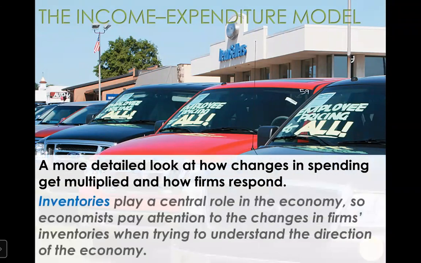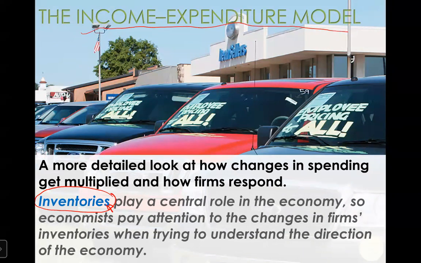Before I show you the details of this income expenditure model, one thing I want to highlight is that in our business, or in understanding the fluctuation of income, inventory plays a central role.